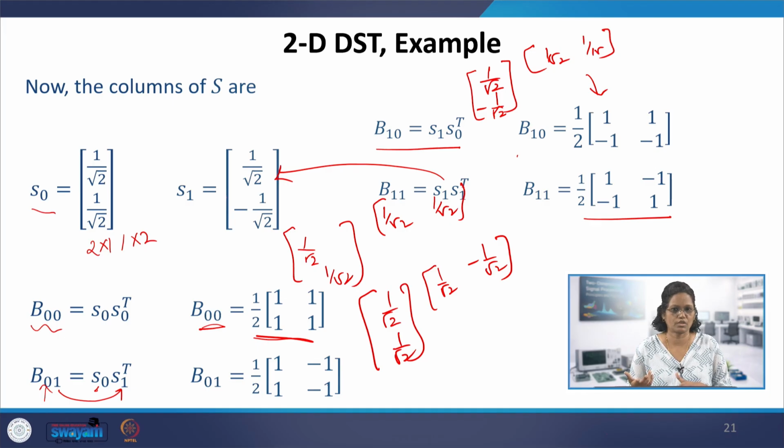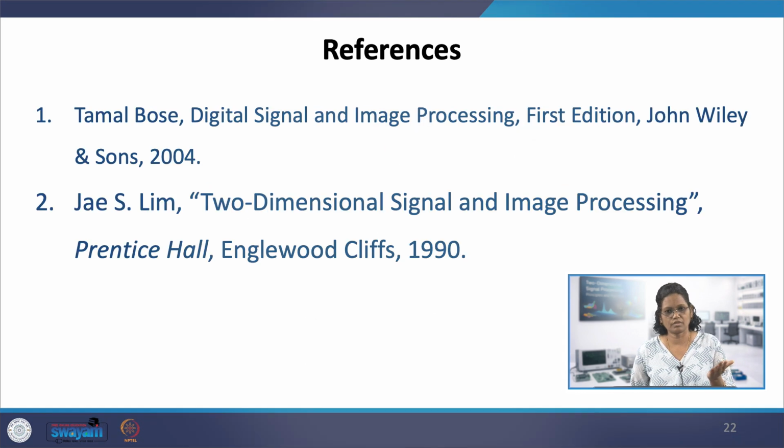Then we can reconstruct the image X from this. So from the transform coefficients we can get the original image back, because there is an inverse transform.